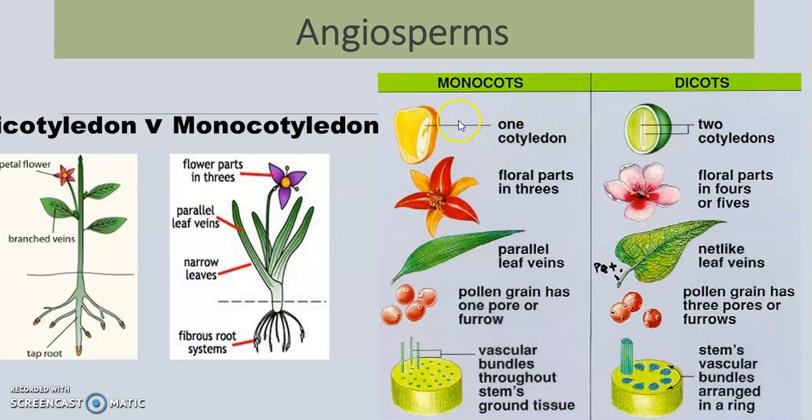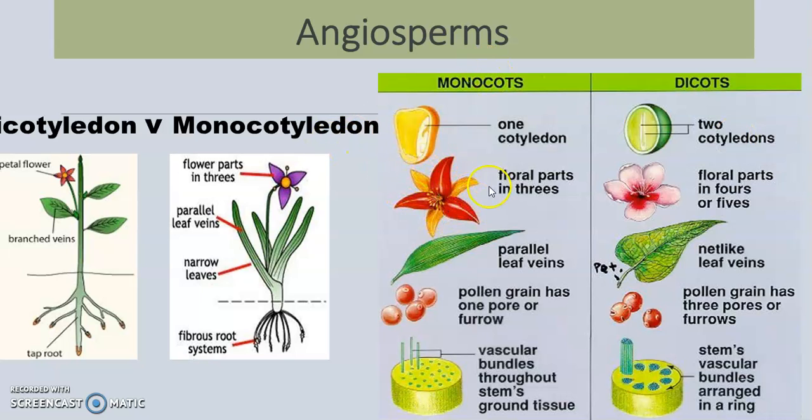Monocot has only one seed leaf. That's the meaning of monocot, one cotyledon, one leaf. Then the dicot has two leaves in the seed.